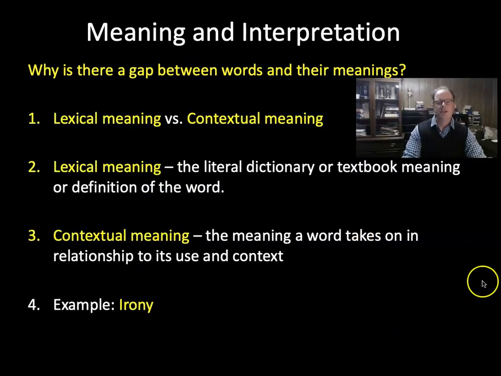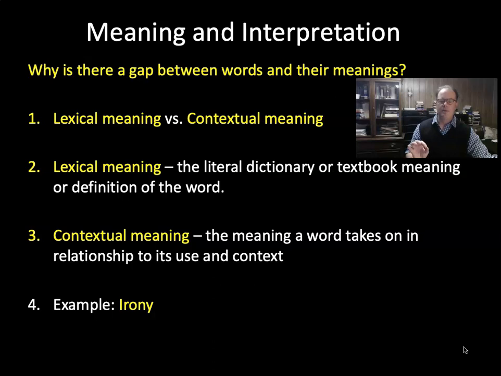Okay, so another reason why there's a gap between the words and their meanings is because there's a distinction between the lexical meaning of a word and the contextual meaning of a word. These are really important distinctions, and it's a lot of kind of fancy words here, but it means simple things. The lexical meaning of the word is simply the literal dictionary or textbook meaning of a word, right?